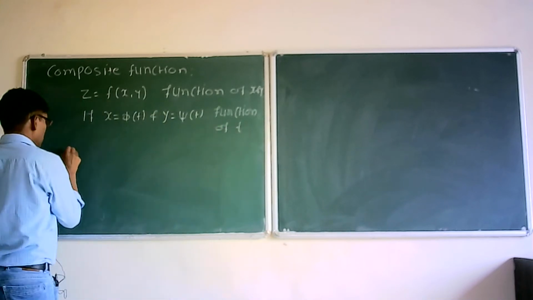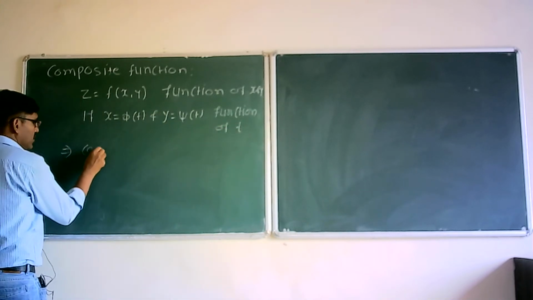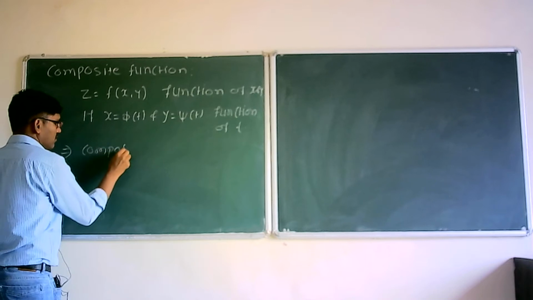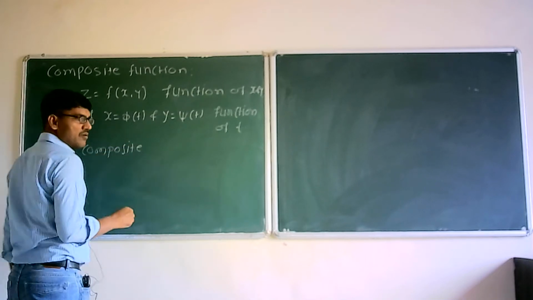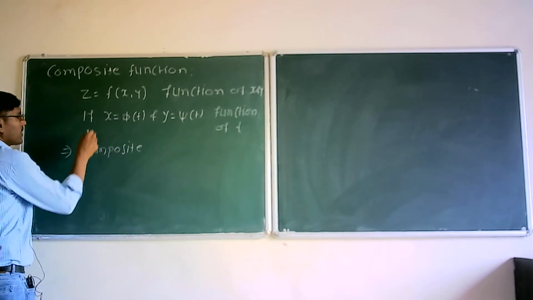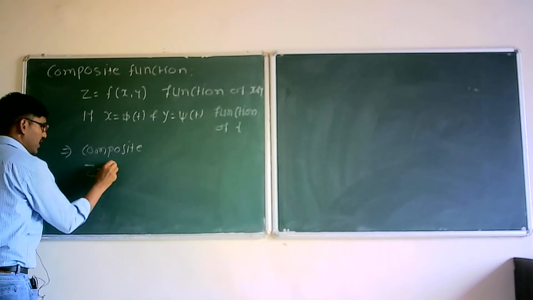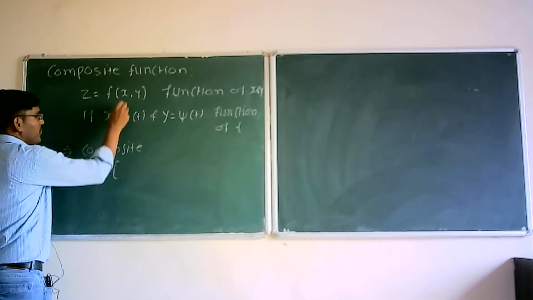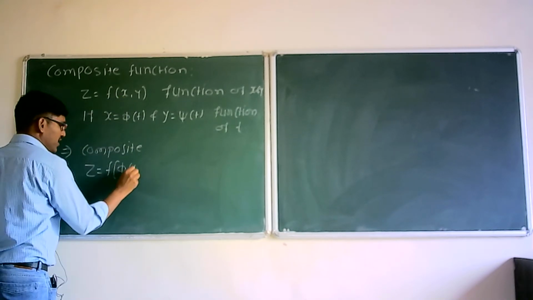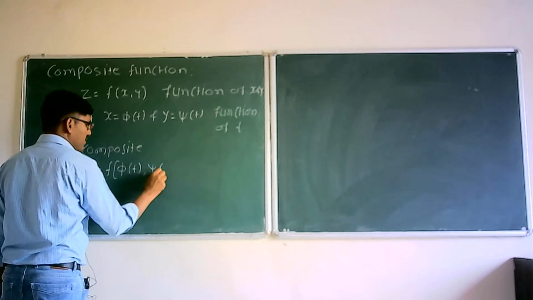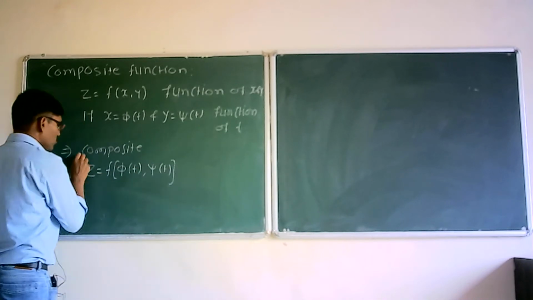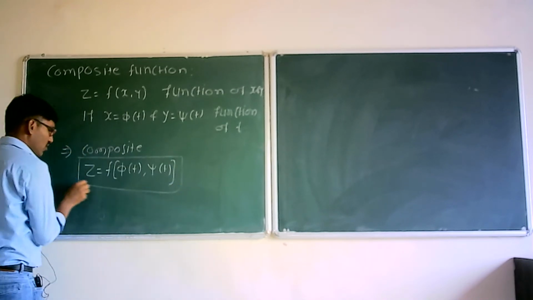Then the composite function of t can be found by using the formula z is equal to f, in place of x put phi of t, and in place of y put psi of t. This is the composite function of t.